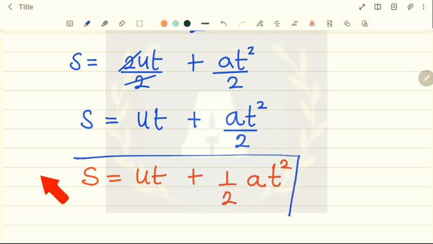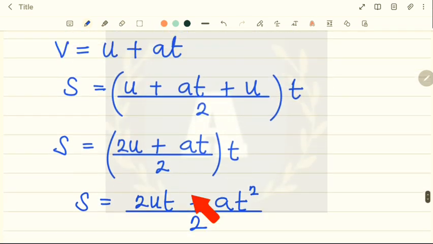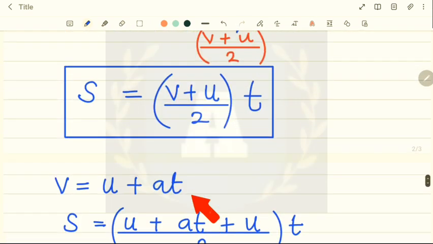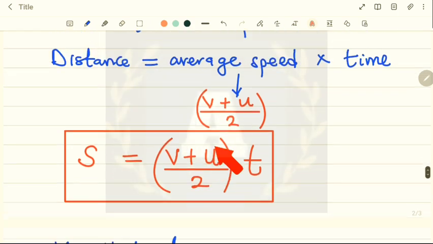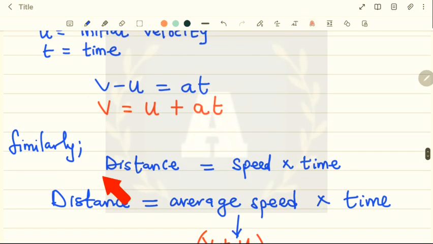It is the third one that is very essential. I take the distance equation as the second one, though it does not have acceleration in it, so it's not regarded as an equation of linear motion, but it's very essential. And this is the first equation of linear motion that we have.